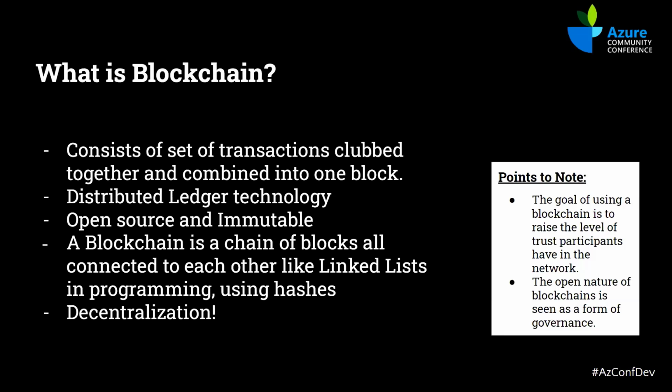Blockchain is open source and it is immutable. The idea of creating an open source technology is to raise the level of trust that participants have in the network. Now let me answer the first question. What is a blockchain network?